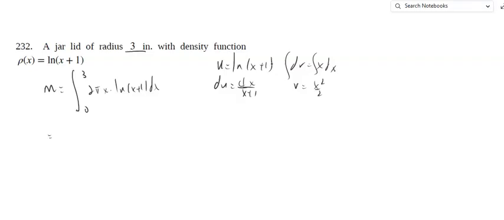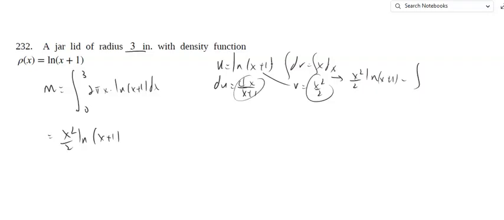So this is going to be the product of those, x squared over 2 natural log of x plus 1, minus the integral of the product of those. The 1/2 you take up front, x squared over x plus 1. That is an improper fraction.